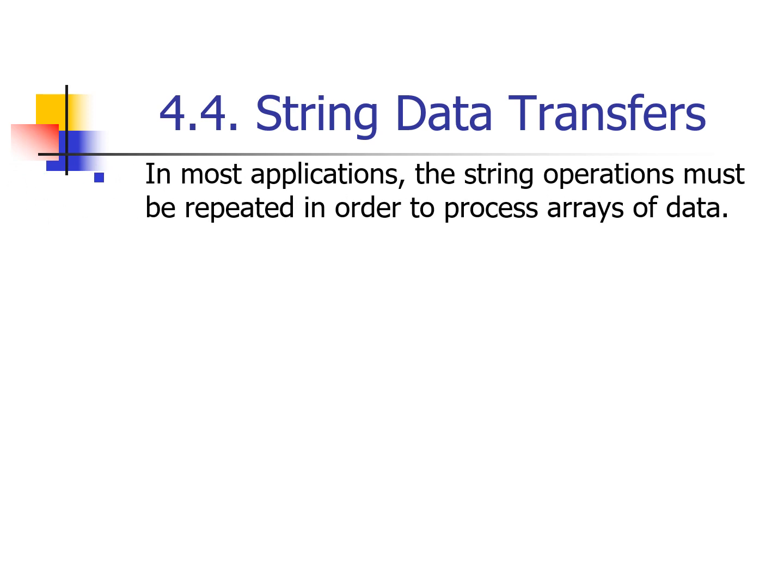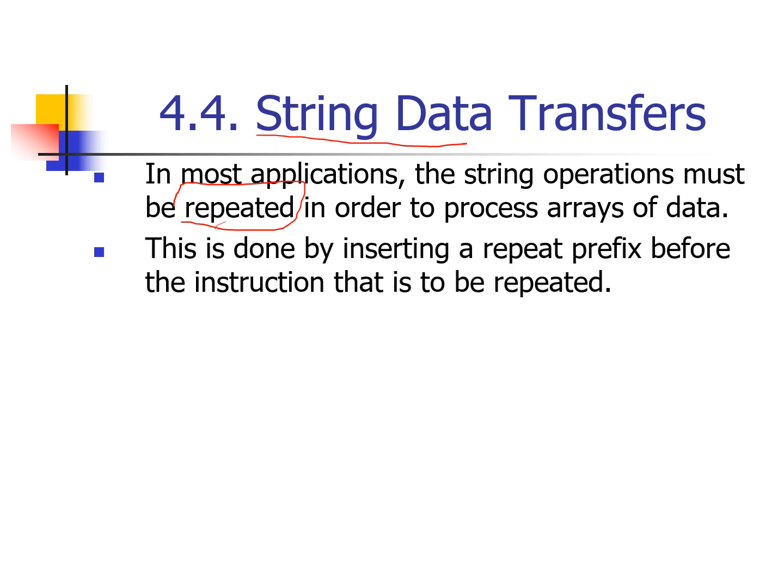And for your string data movement instructions to be effective, they designed a repeat prefix to enable you to use these string instructions through your blocks of data. So we have a prefix REP.